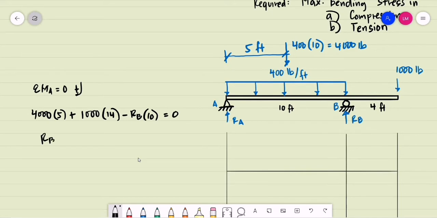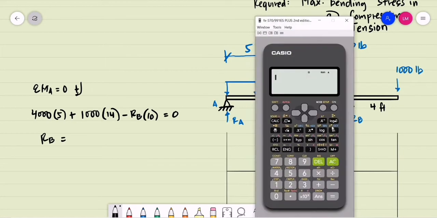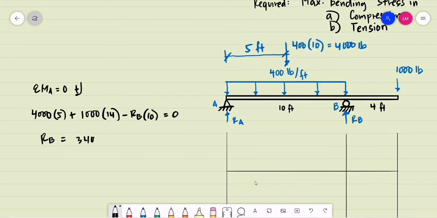Computing for the reaction at B, we have 4,000 times 5, plus 1,000 times 14, divided by 10 feet. So we have 3,400 pounds, the reaction at B, upward.